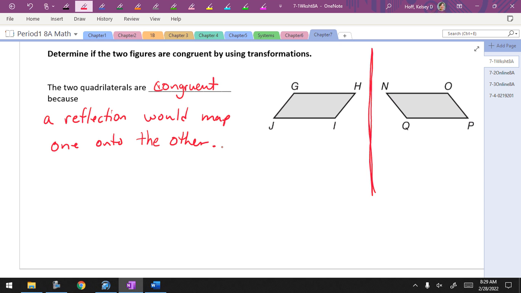Why or why not? It's almost hard to fill in the because, isn't it?